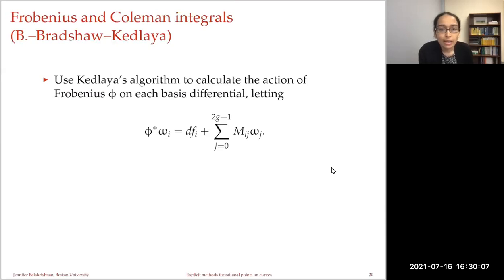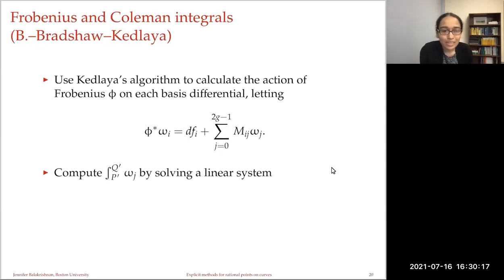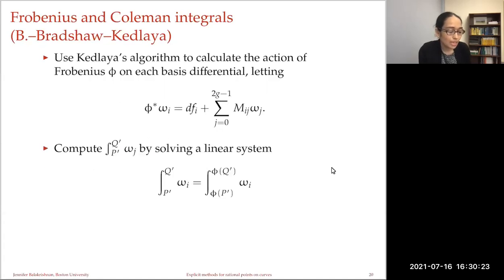So we have Kedlaya's algorithm, which calculated the action of Frobenius on each basis differential. And then we compute the Coleman integral between our Frobenius fixed points by solving the linear system. So we set it up. We say, okay, well, we know by construction, these points P prime and Q prime were fixed by Frobenius. So let's just write that down.